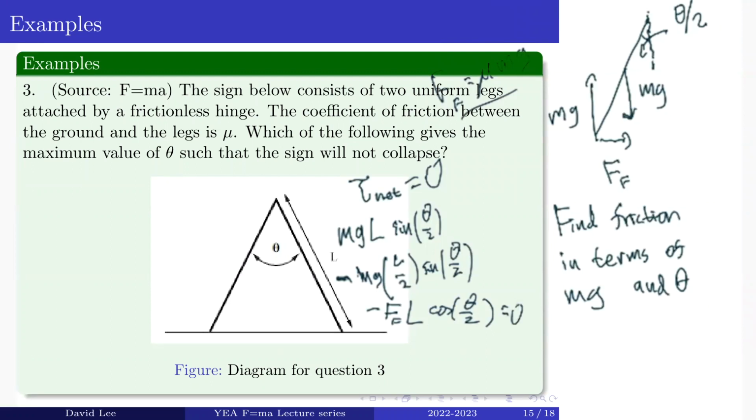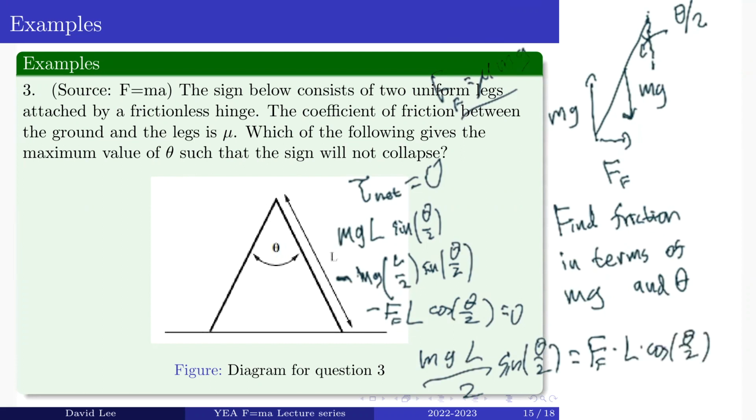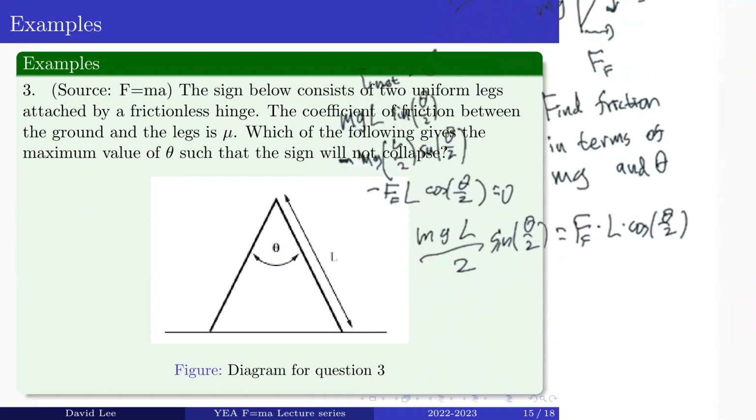So now we can just solve it. If we move friction to the other side, we'll get mg L over 2 sine theta over 2 equals friction times L times cosine theta over 2. Okay. And now we can just simply solve this. L's go away, and friction is mg over 2 tangent theta over 2.